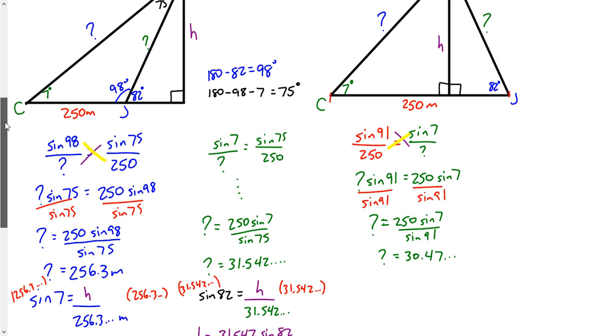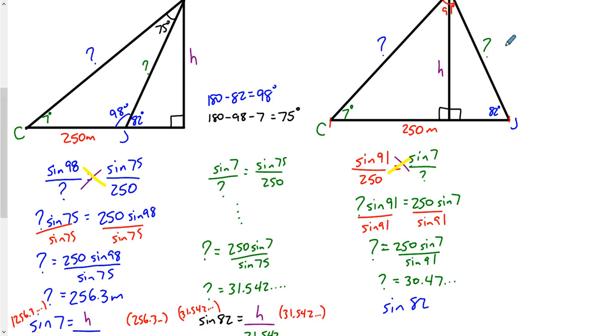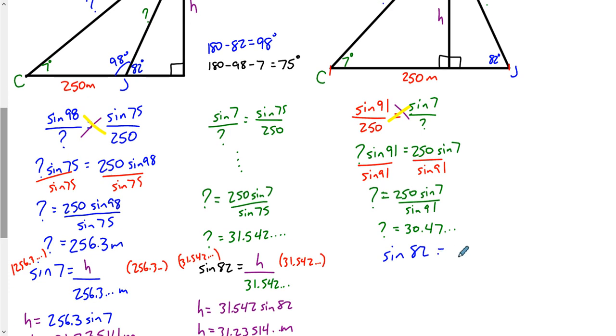Which means that I'm going to have to use my 82 with my primary trig. So my primary sine ratio, because it's the opposite and we have calculated what the hypotenuse is. So our height, multiplied both sides by the 30.47.